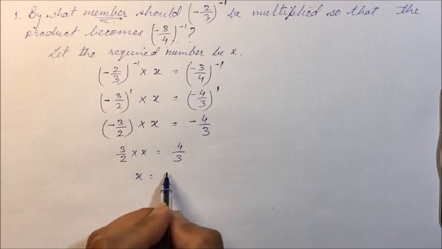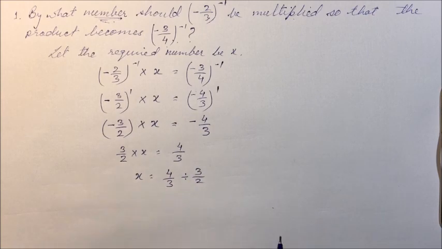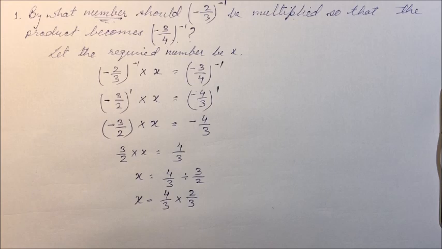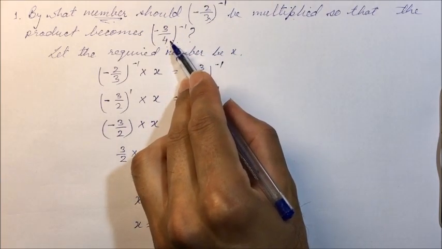So x equals 4/3 divided by 3/2, or directly 4/3 into the reciprocal, 2/3. So x equals 8/9. So the required number is 8/9, and when this number is multiplied with this one, we get this as the result.